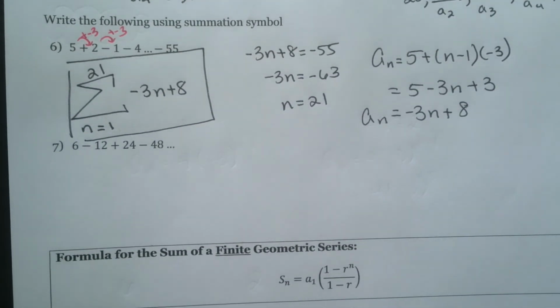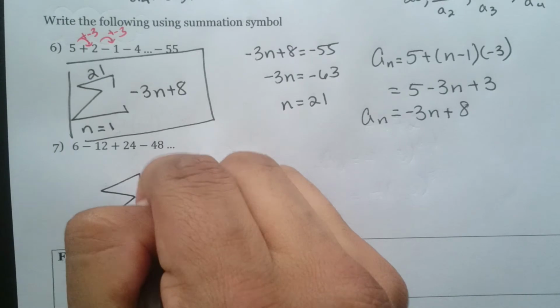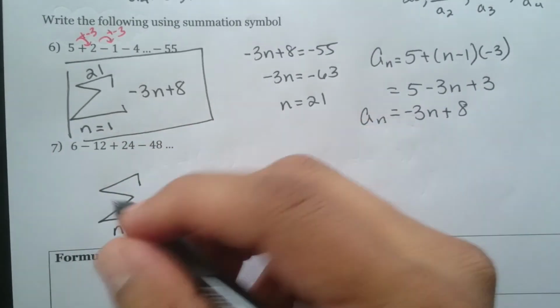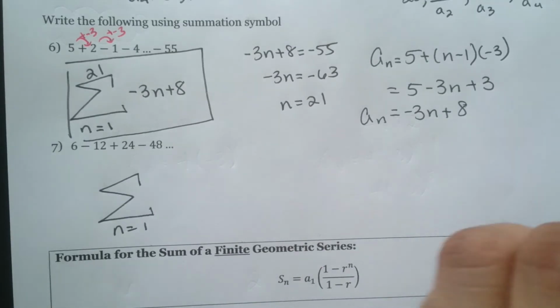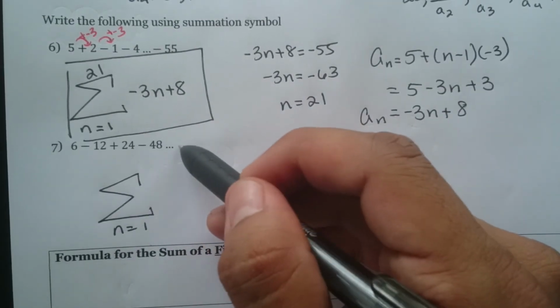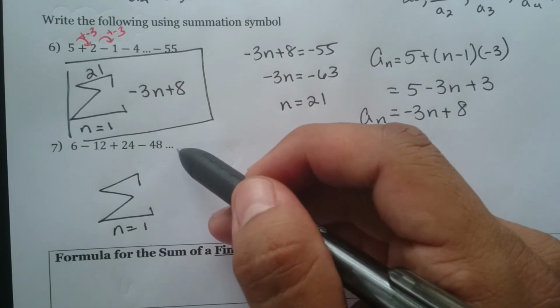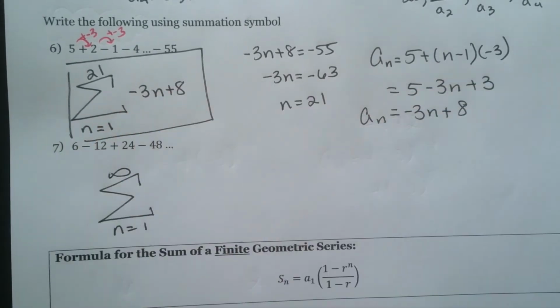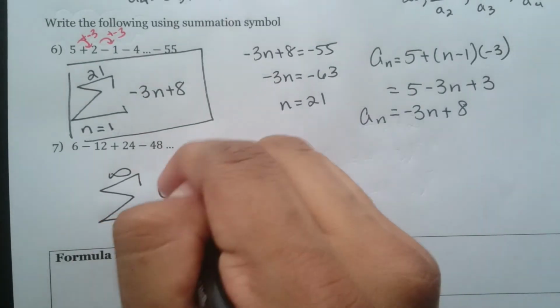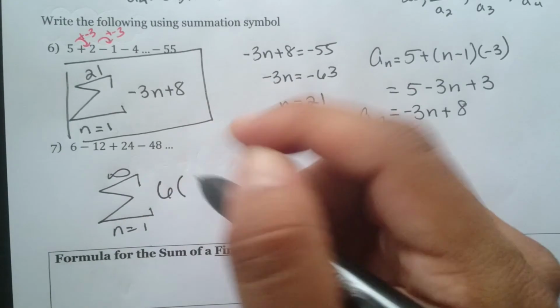Now, what about this next one? Again, if we're asking you to write sigma notation, we're going to ask you to draw this and put n equals 1. That always happens. Now, what's lucky about this one is that this never stops. This goes on forever, so that means I'm going to put an infinity symbol there. But how do I write an equation? Well, that's what we talked about today. If we're writing an explicit formula for this, we do the first term, which is 6, times the ratio.